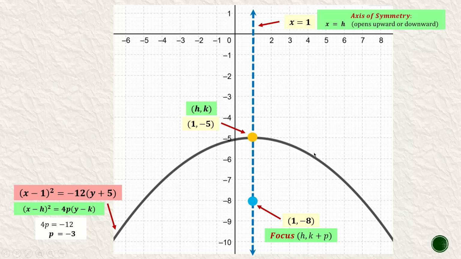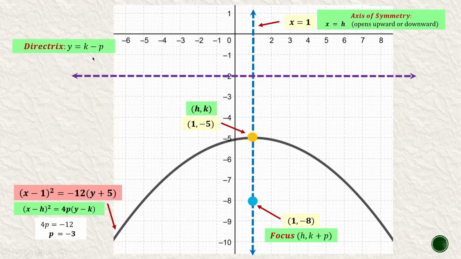And of course, on the other side of that, we have the directrix. That's this one. And again, the distance of that from the vertex is the same as the distance of the vertex to the focus. Now, if we don't have the graphical representation, we can use this formula, k minus p. K is negative 5 minus negative 3. I think I need to write that down.